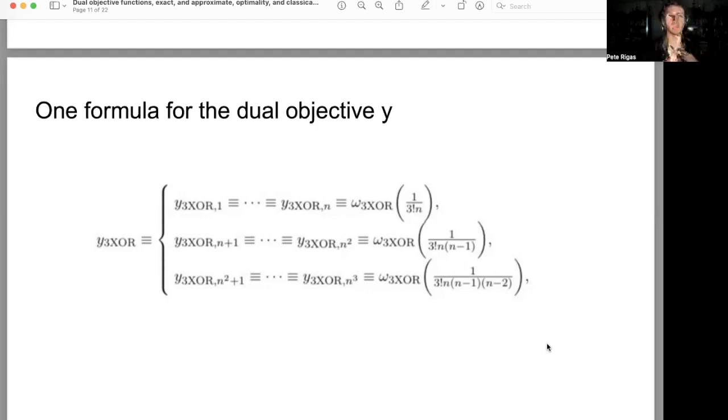But besides the first line, which defines the components of the dual objective function from 1 to little n, we can also have two other lines below this piecewise definition, which describe the exact form of the dual objective function from the semi-definite program that we're passing to under duality, given by the components n plus 1 to n squared.